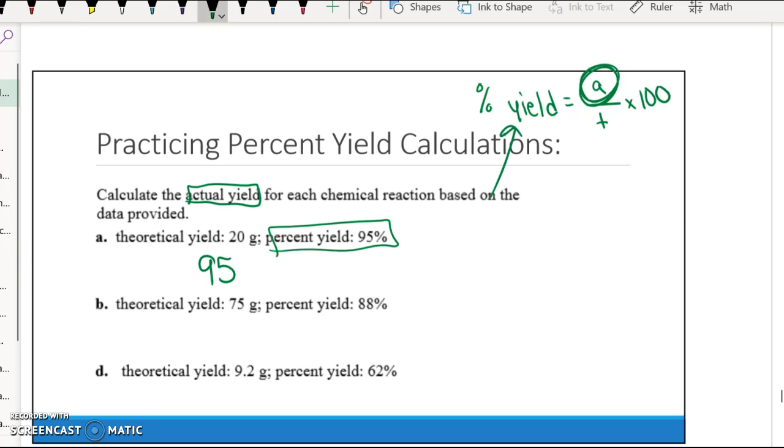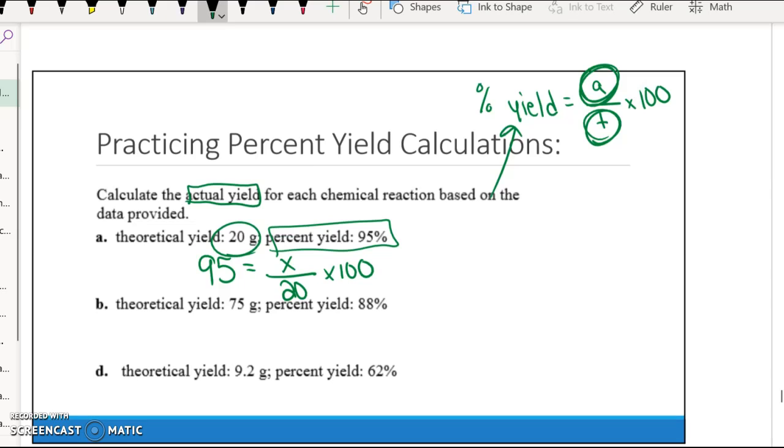So 95 equals, we don't know the actual, so that's going to be my x, over my theoretical, which is 20, so remember that's going in the bottom, times 100. So hopefully you feel comfortable with solving for x here from math.